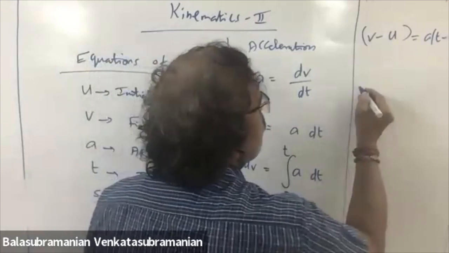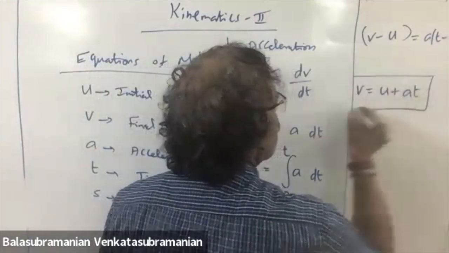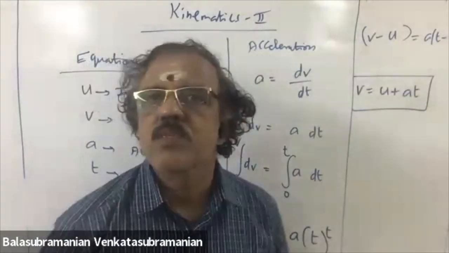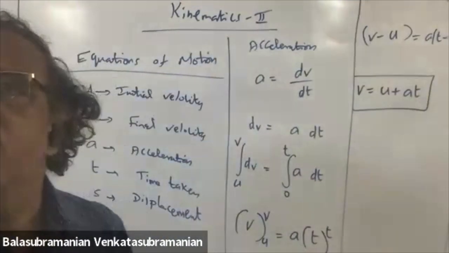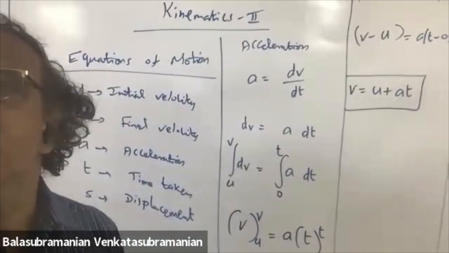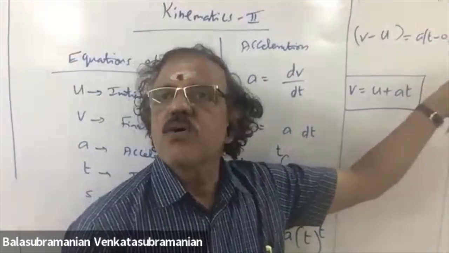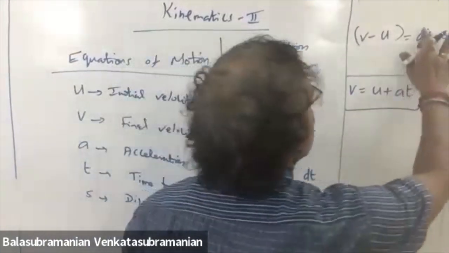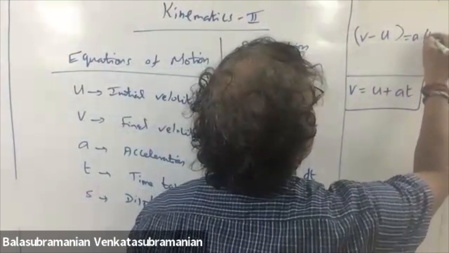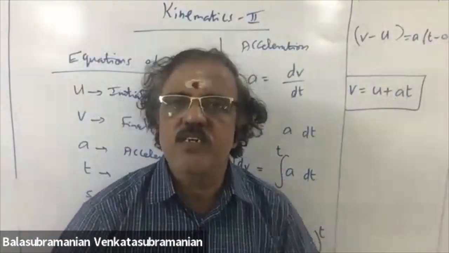So we can write v is equal to u plus at. This is the first equation of motion.